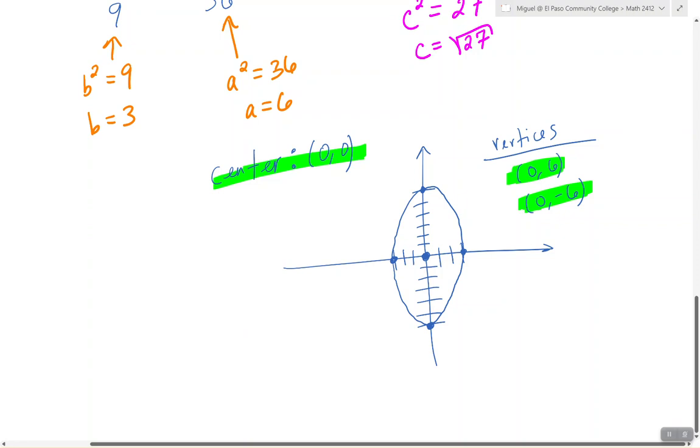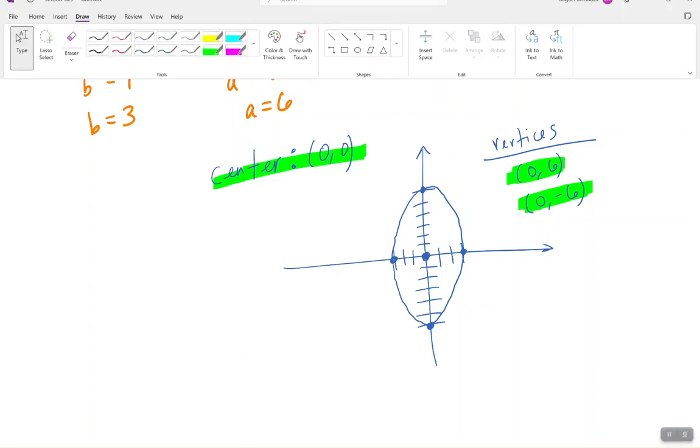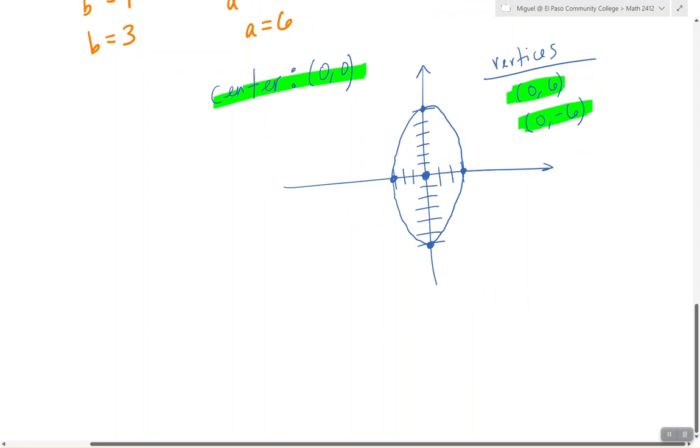Let's see, let's try example 3. Another sketch.